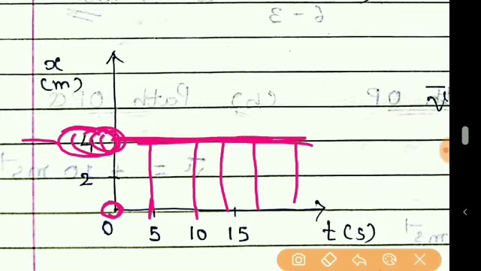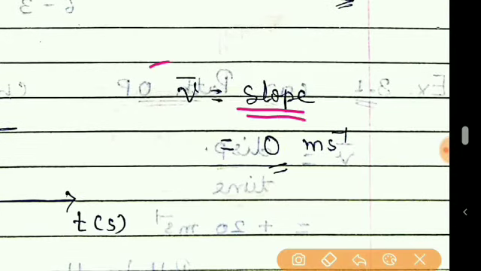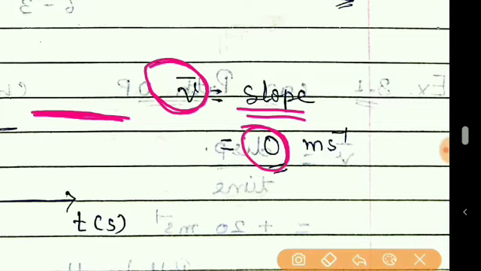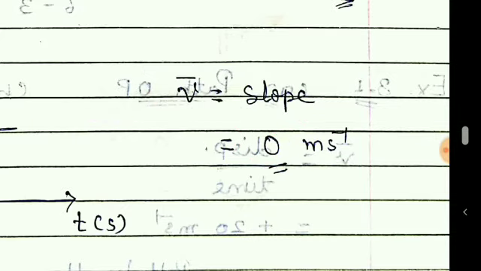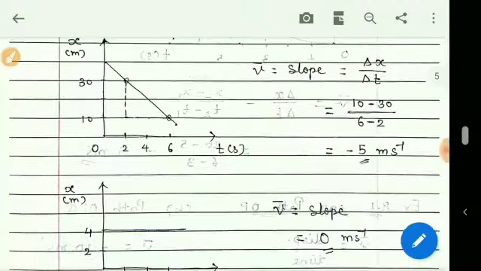So here in this case the velocity will be 0 because there is no slope, because the slope gives us the velocity, and as the line is horizontal it does not have any slope, and no slope means it is 0. So velocity is 0 meter per second. So students, I hope you understood this.